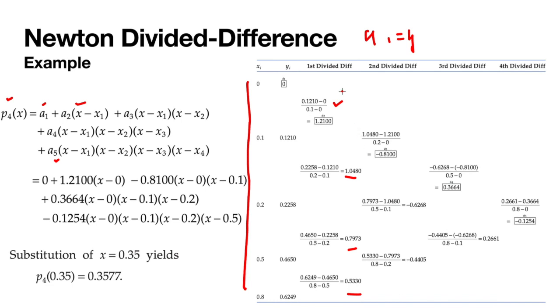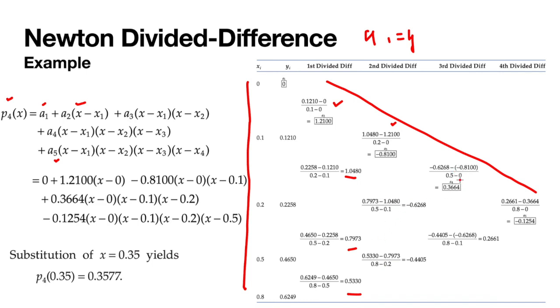And you can observe that our a values are at the top of these. So this is a1, this is a2. Now a3 will be calculated using these two values. So it will be 1.0480 minus 1.210, and the x values will be up till their roots. So this one will be 0.2 minus 0. So you can see that this is a3. Similarly, we can calculate the remaining two in the same column.